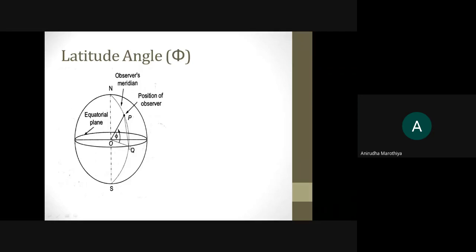OQ is nothing but the projection of line OP on the Earth equatorial plane. So the latitude angle phi is defined as the angle between the radial line joining the position of observer on the Earth surface with respect to the Earth center and its projection on the Earth equatorial plane. So that angle is known as latitude angle phi.